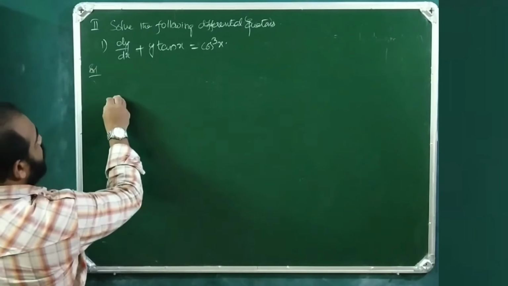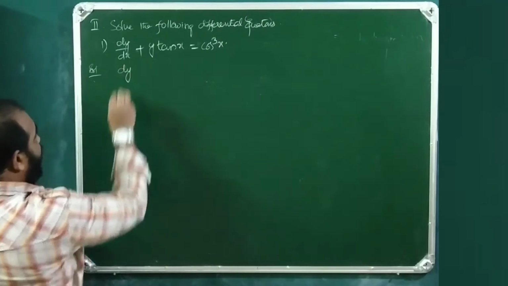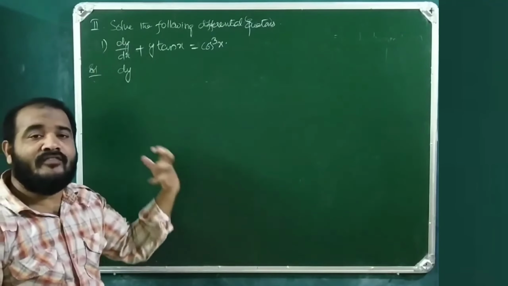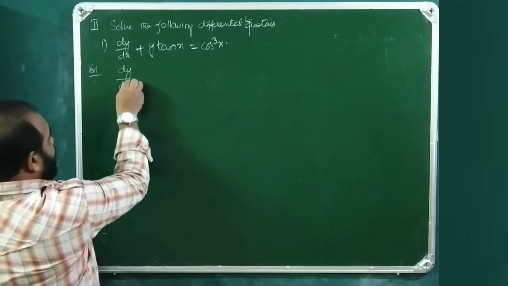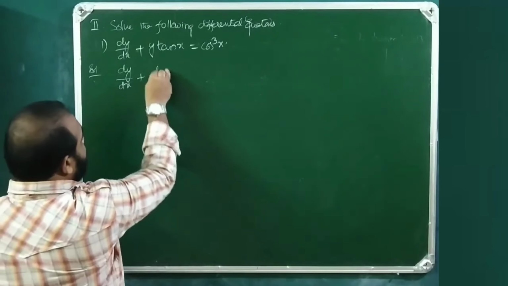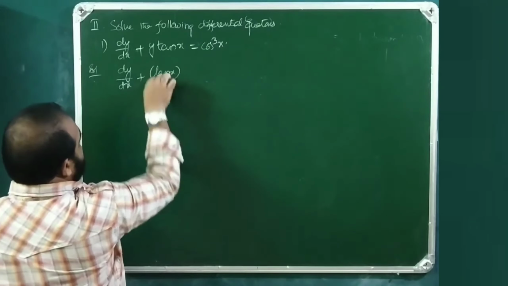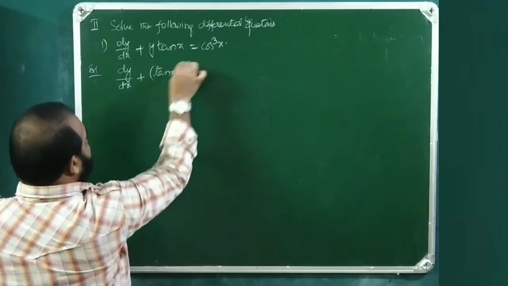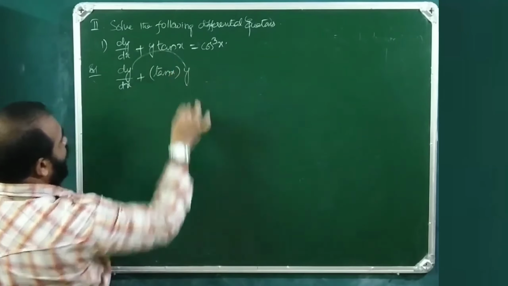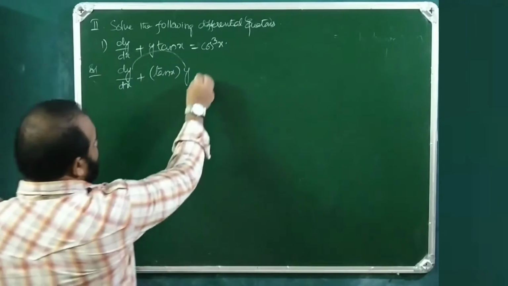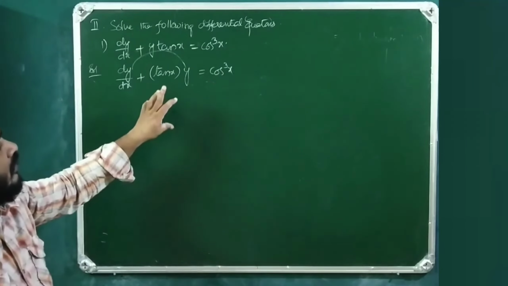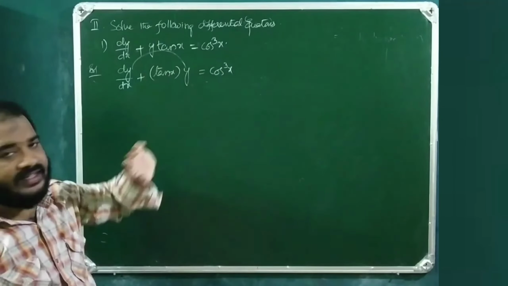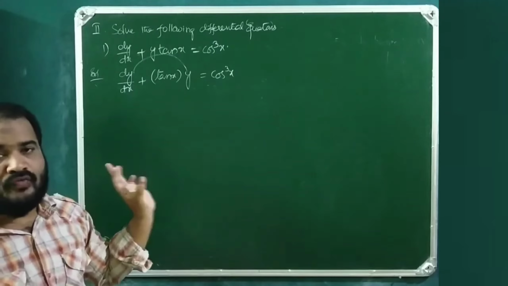First, let us write it in the proper form of a linear differential equation: dy by dx plus tan x into y equals cos cube x. I did not write anything new, except write it in a proper form.